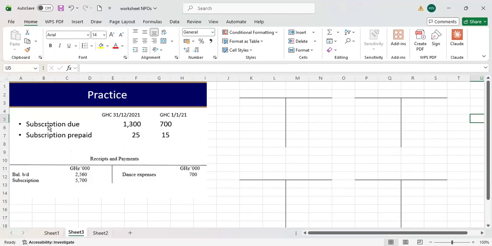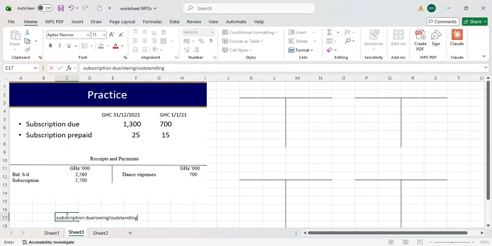So if you look at this example, for instance, we have the subscription due, and then we have the subscription prepaid. Your subscription due is also your subscription owing, or subscription outstanding. These are all terms that refer to subscriptions that members owe the organization.